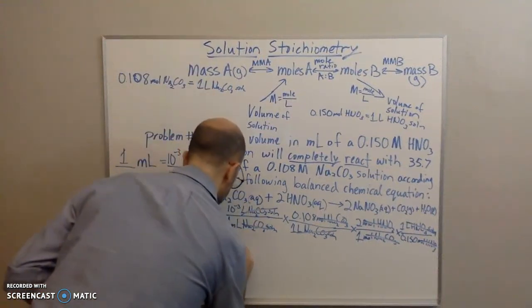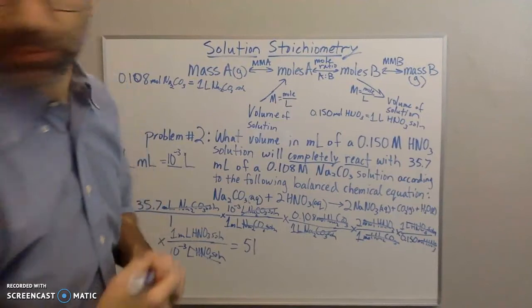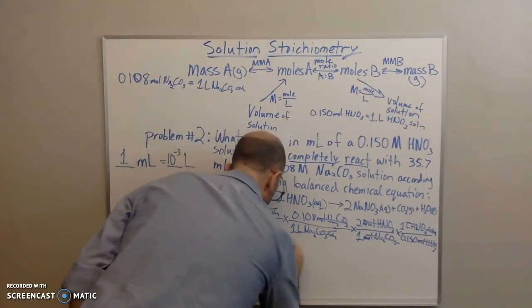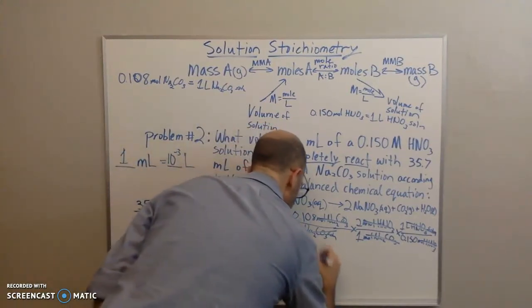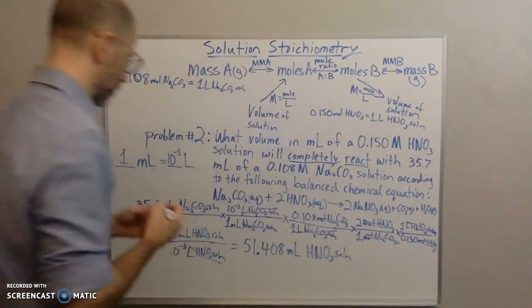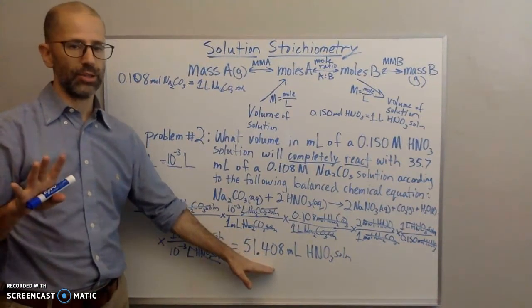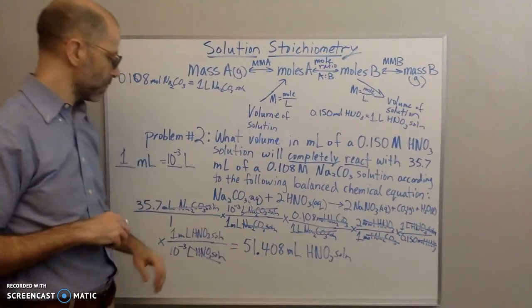So the answer I get is 51.408, and that's milliliters of HNO3 solution. And so that is my final answer. Well, not my final answer yet. I've got to look at the significant figures.